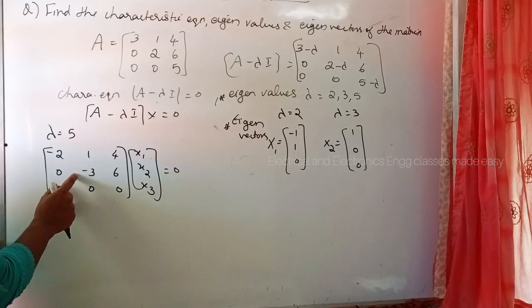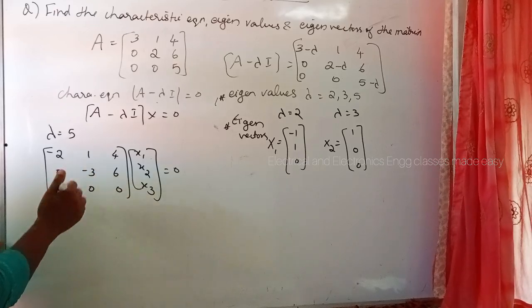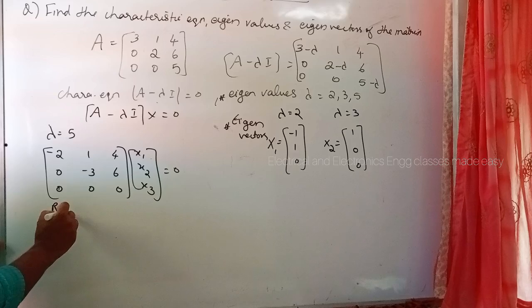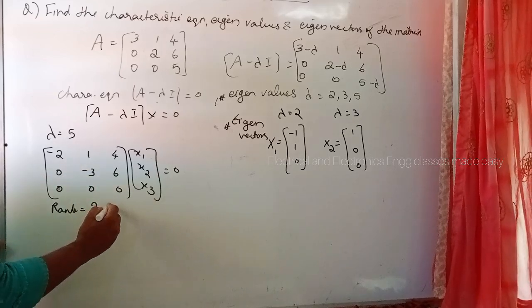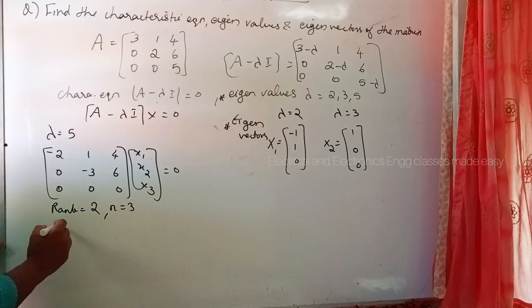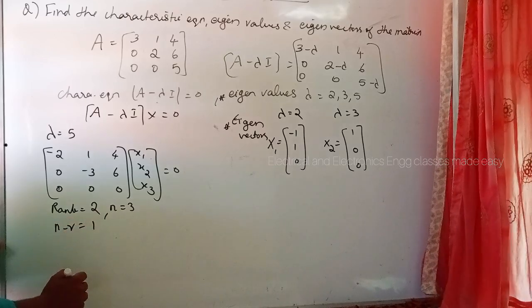So here we got the rank of this matrix directly. So what is the rank? The rank of this matrix is equal to 2 because there are 2 non-zero rows. The number of unknowns is 3.